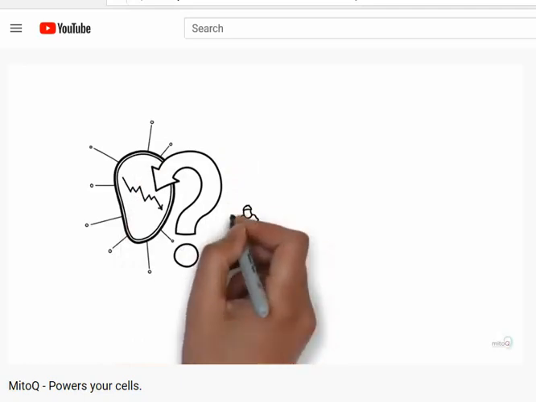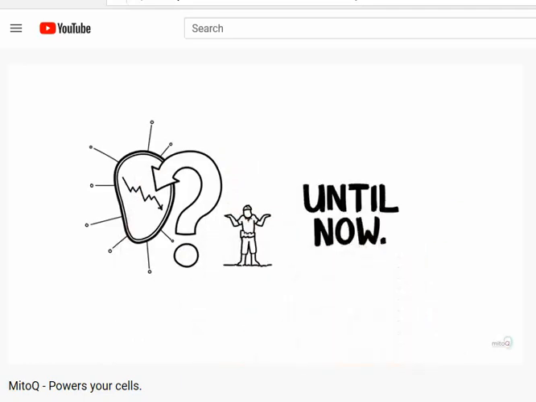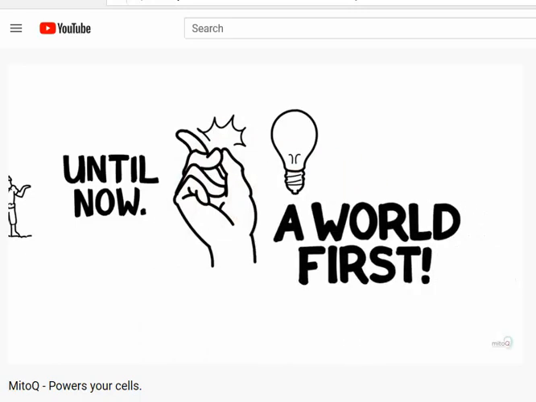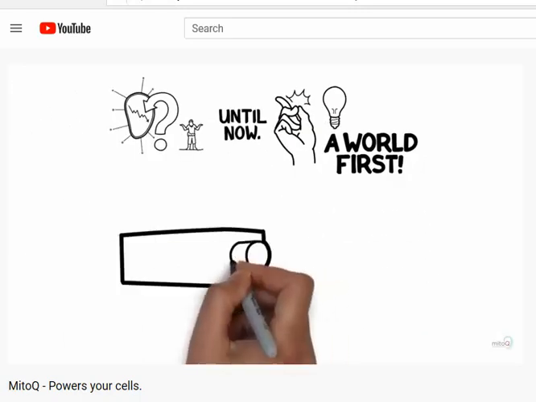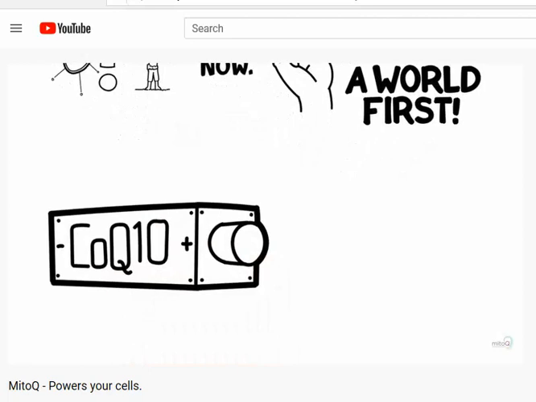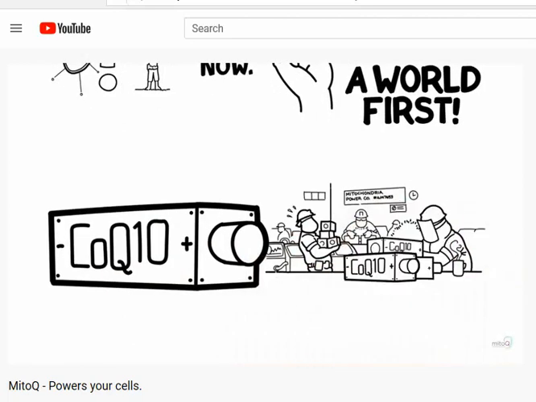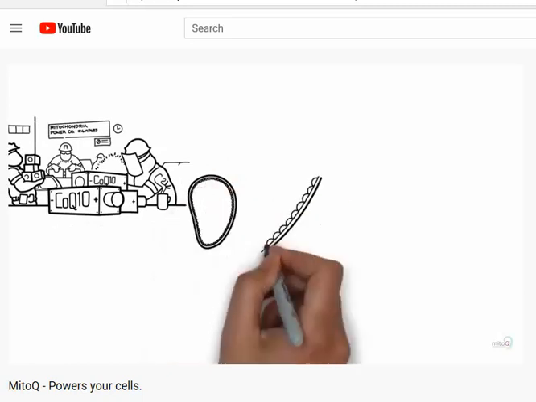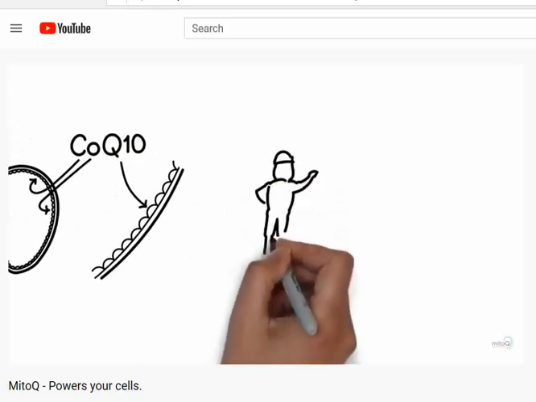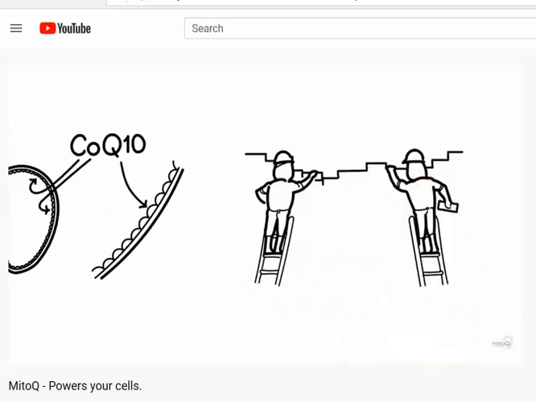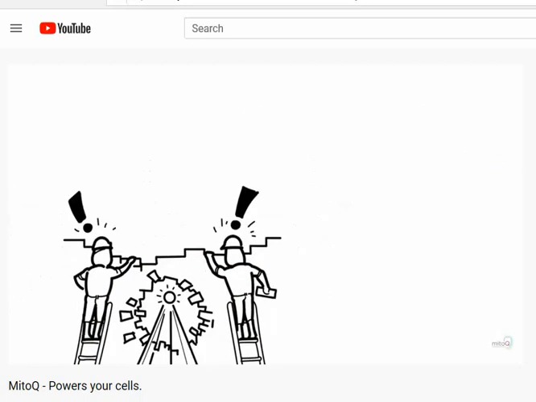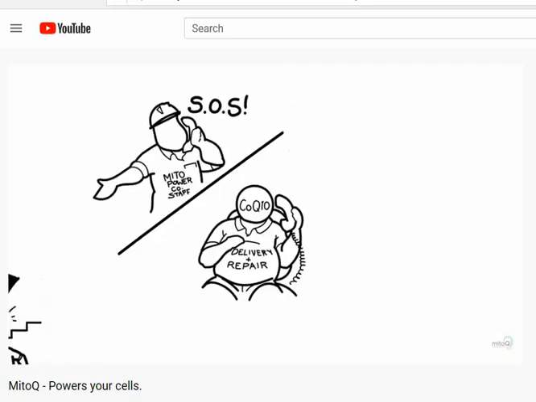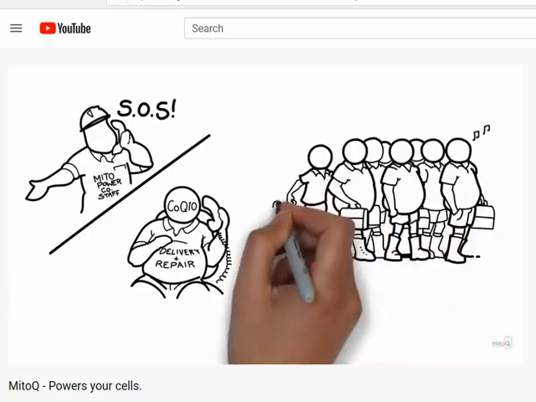Nothing has been able to solve this problem at its source, until now. MitoQ has made a significant scientific breakthrough, and it's a world first. Here's how it works. It all begins with CoQ10, a versatile molecule mitochondria use in many ways, including in their defensive barriers, which, as we've seen, can be tricky to maintain. So what if mitochondria could just call for help? And a bunch of CoQ10 repair molecules came around.